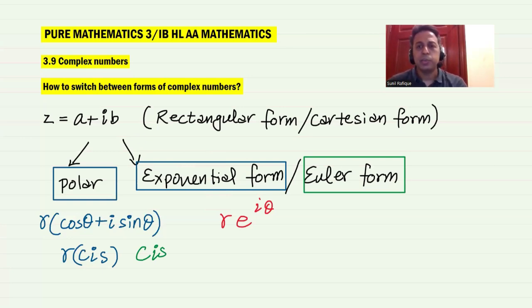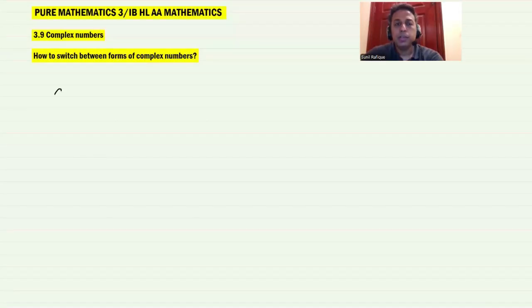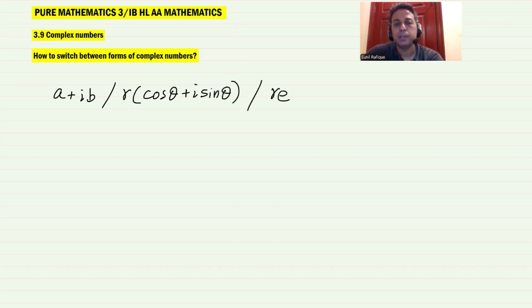Okay, let's dive into it. So now we know there is a rectangular form, also called Cartesian form, the polar form r(cos theta plus iota sine theta), and the exponential form, which is written as r e to the power iota theta. Naturally, the question arises, what is r and what is theta?